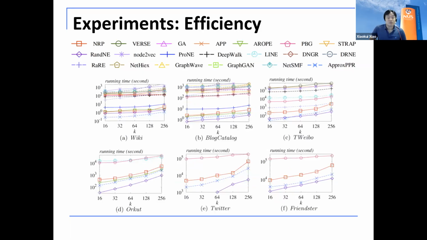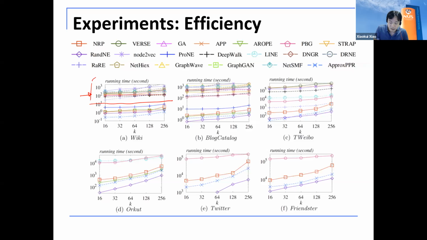And in the last set of experiments, we focus on efficiency. So we vary the dimensionality of the embedding, and we measure the running time of each method. So there are a lot of lines that we have here, but you can see that roughly speaking, the methods can be divided into two categories.